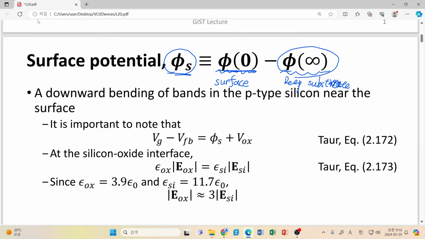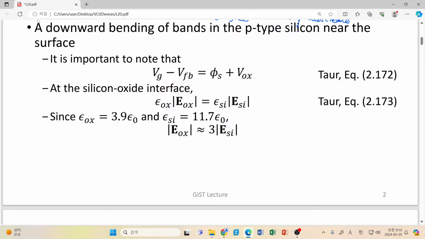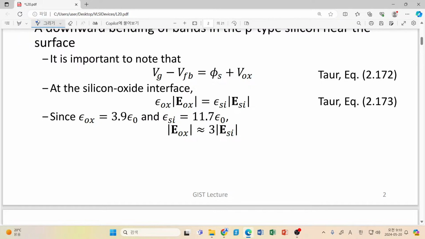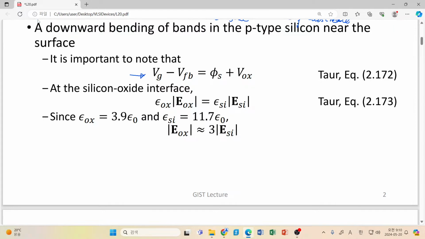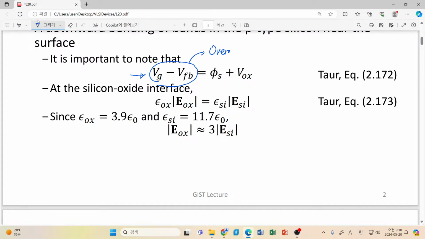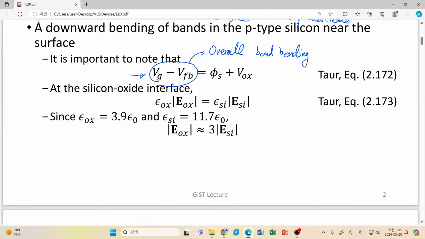Okay, so let me just go to this one. In order to understand this problem, we must solve this quite simple but important problem. The left hand side term, Vg minus flat band voltage, represents the overall band bending, the overall potential difference across our entire system.